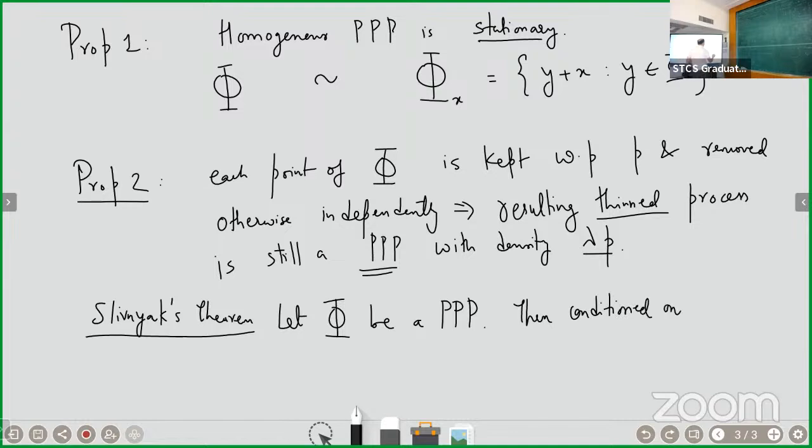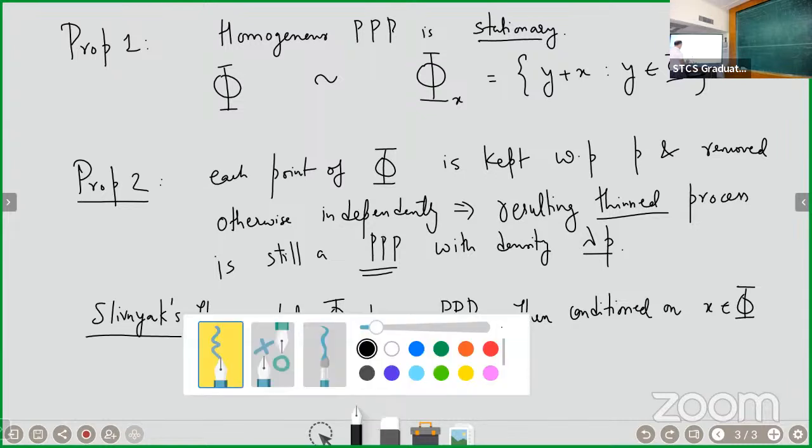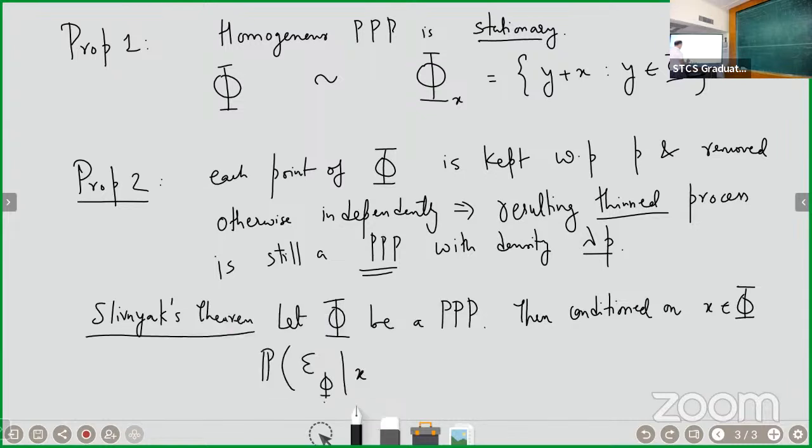Condition on X belonging to phi. The probability of an event with respect to P, given X, is the same as the probability of the event E where this process has been augmented with the point X. It's a very strong line.